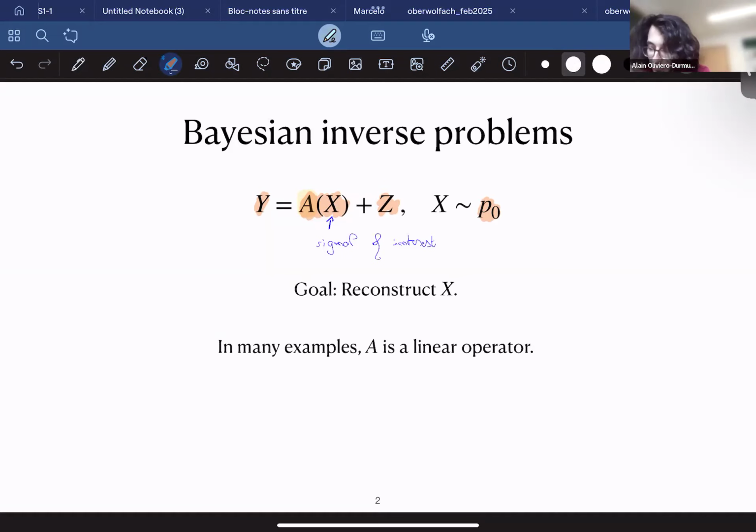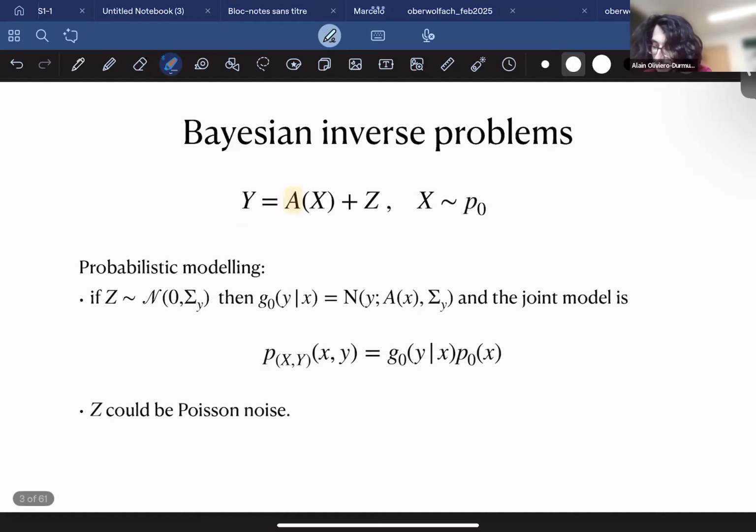So here I'm taking a Bayesian approach. I specify a probabilistic model of my signals, and based on this probabilistic modeling, if I take for Z simply a Gaussian distribution, it specifies the likelihood of my model, which I denote here by G0.